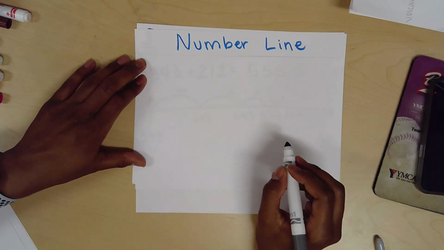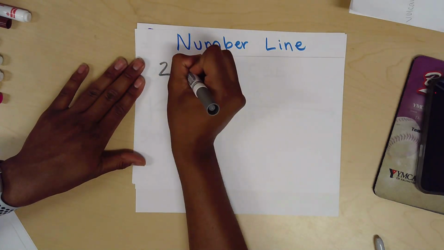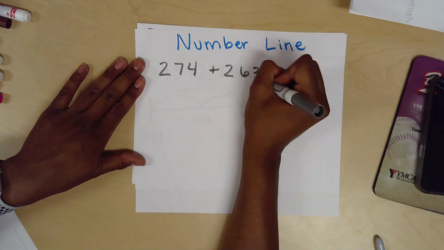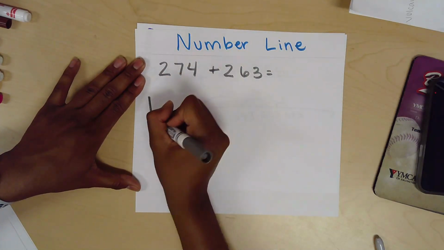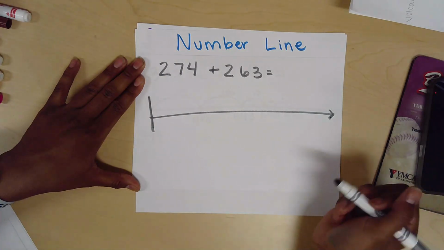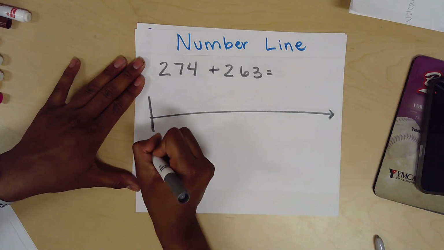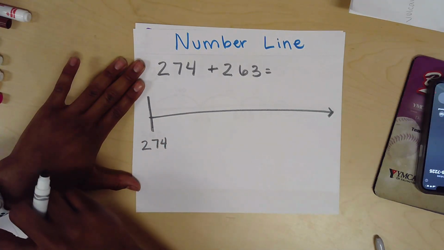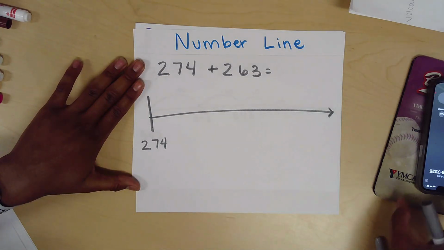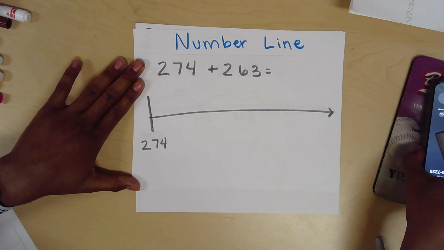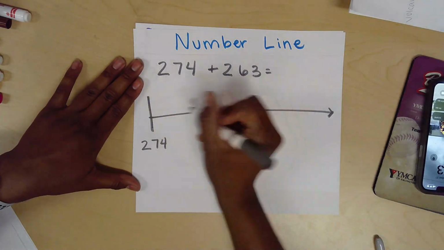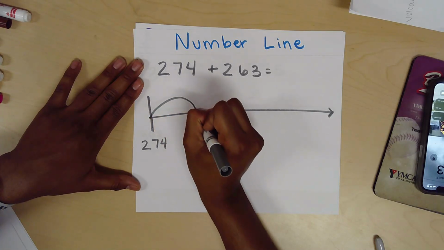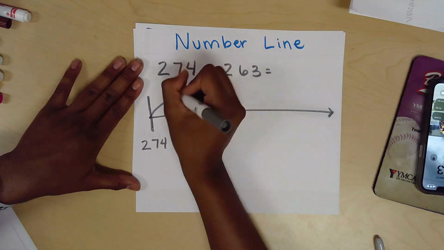So this one's going to be 274 plus 263. So again, starting with our larger number, 274, we're going to add on 200. 100, 200.